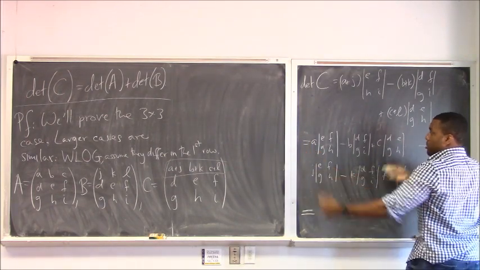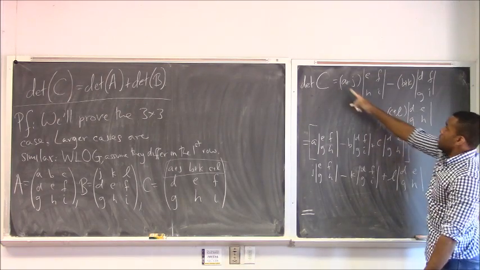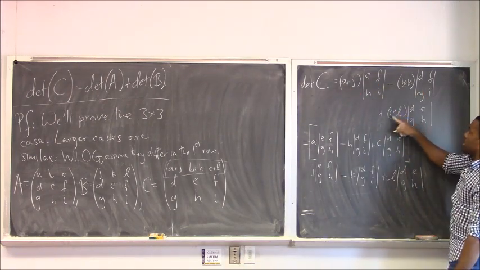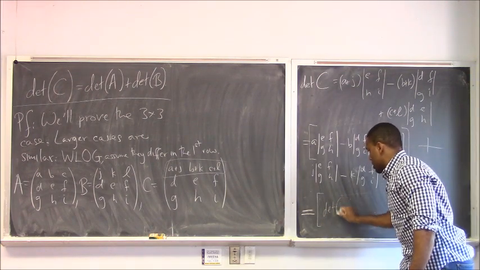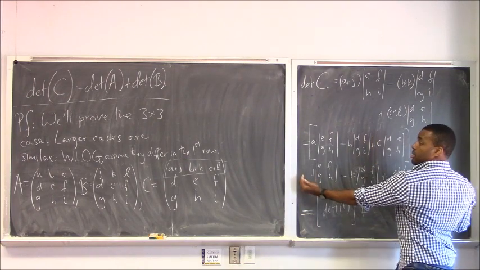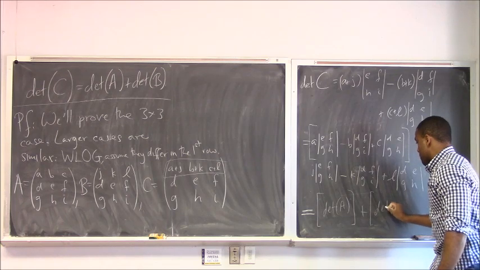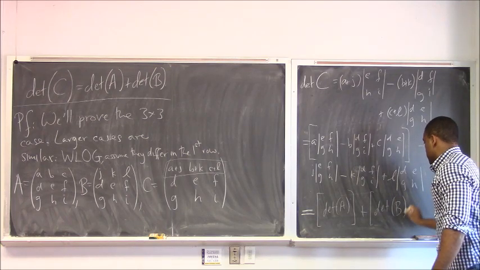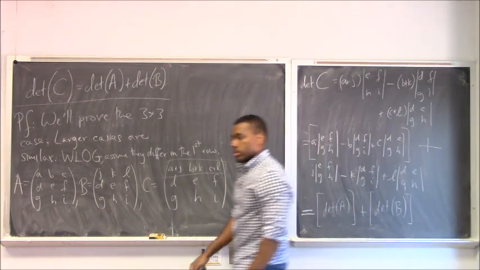That's the determinant of A, right? This part here is the determinant of A, where I just took the first guy and expanded all these parentheses. Plus, and this guy is the determinant of B by expanding along the first row. So that's true.